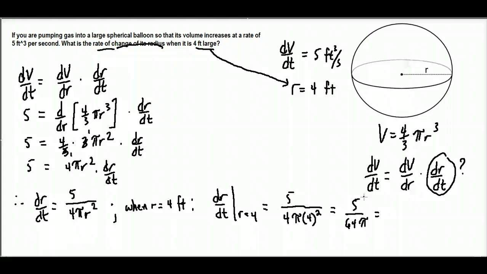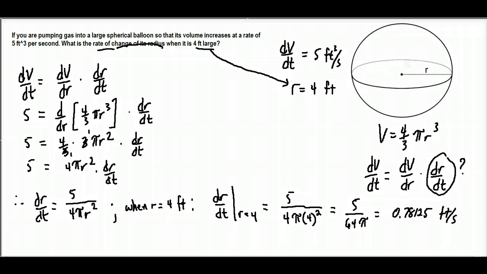And when we do that, that ends up being 0.78125 feet per second. And so that is the units there, because remember, we're doing radius with respect to time here. And so radius is in feet, time is in seconds.